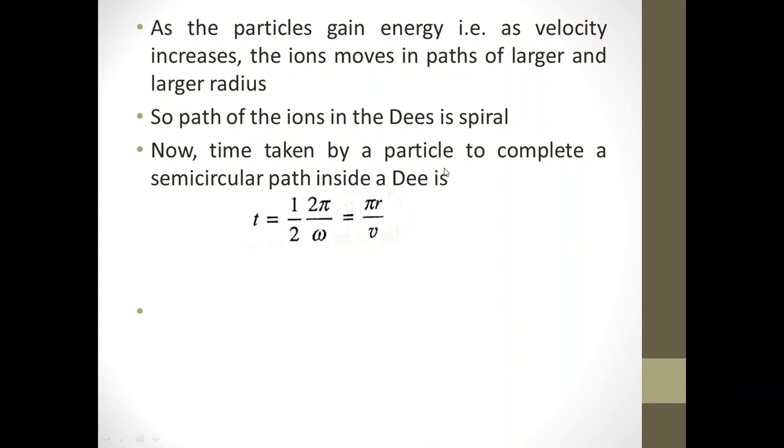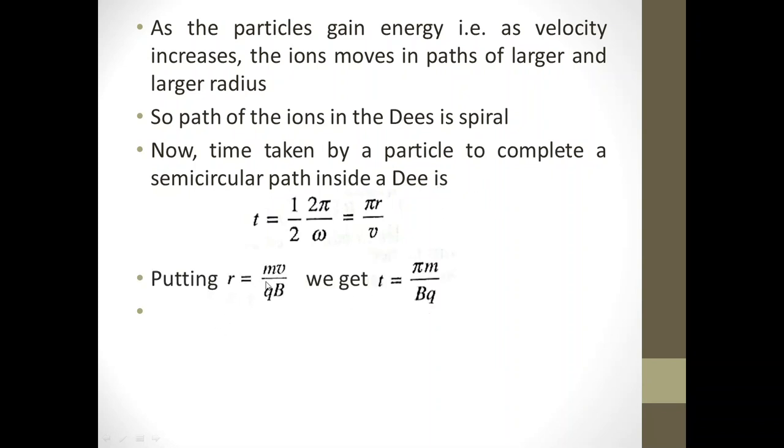For a circular path, the total circumference is twice pi r, so a semicircular path is pi r. Pi r by v gives the time taken by the particle to complete a semicircular path inside the D. Or here we are talking about the total angle 360 degrees, twice pi, and omega is the angular velocity. Half of that is the time taken to complete a semicircular path.